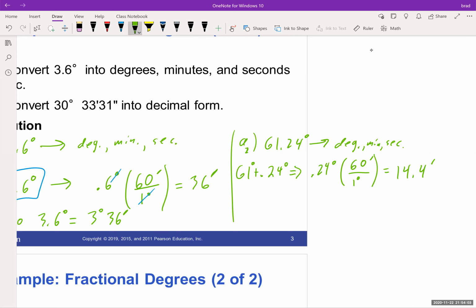So now 14.4 is really 14 minutes plus 0.4 minutes. So I'm going to convert this little decimal chunk right here to seconds. So this will become 0.4 minutes times 60 seconds over 1 minute.